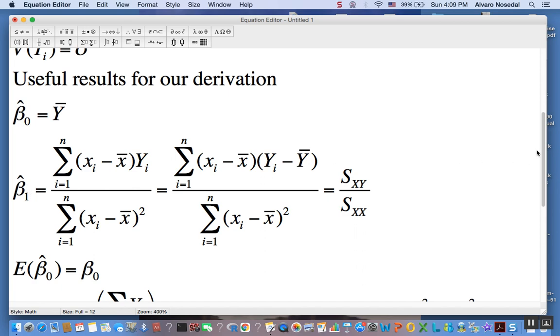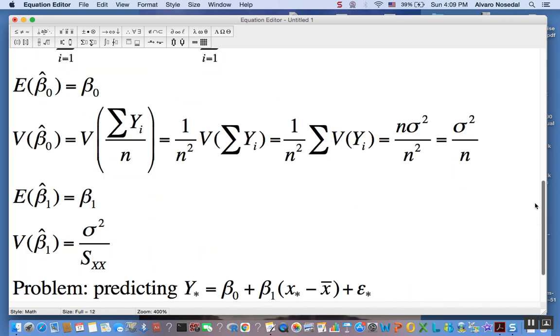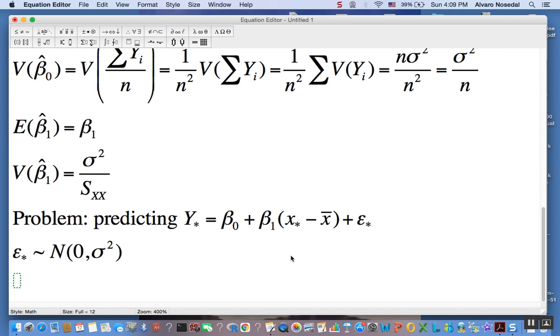So one way of arguing that a good estimator for y star would be beta hat 0 plus beta hat 1 times x star minus x bar is using maximum likelihood, by the invariance property of maximum likelihood.